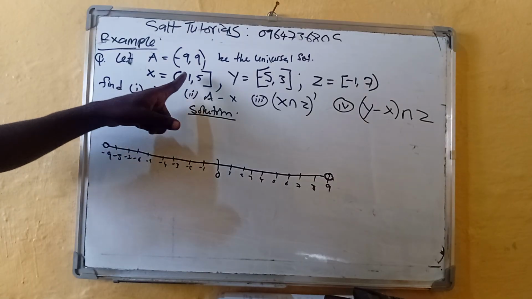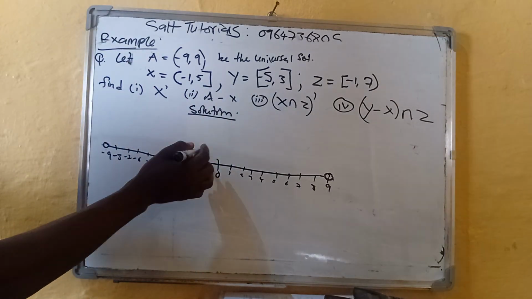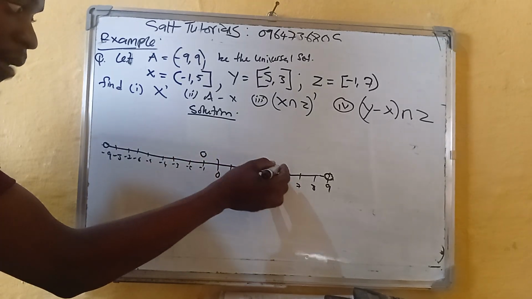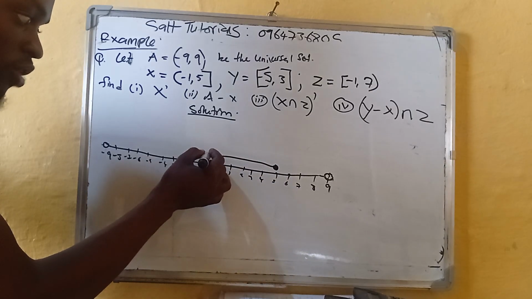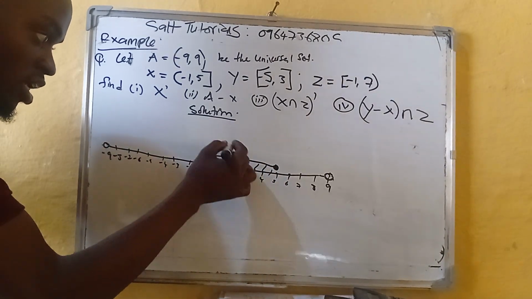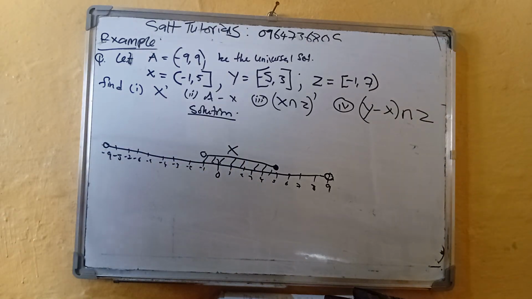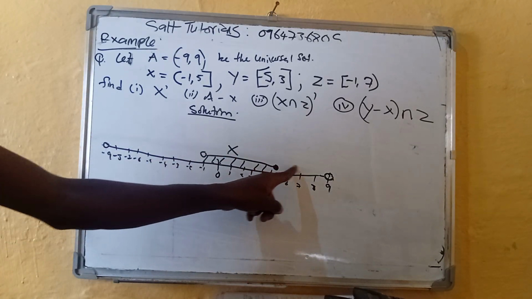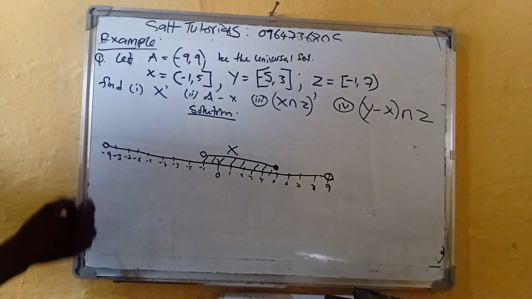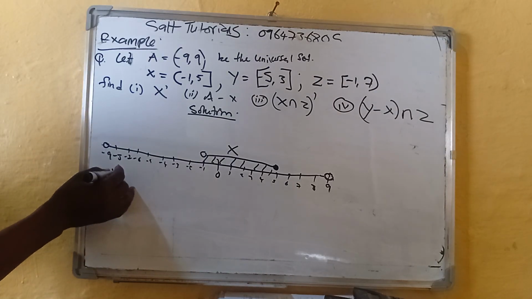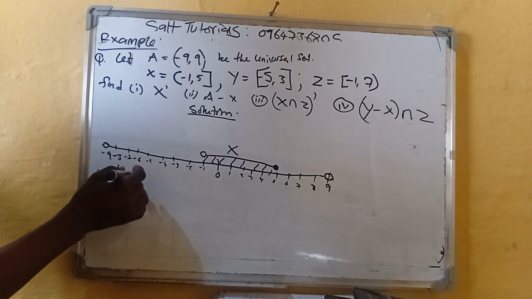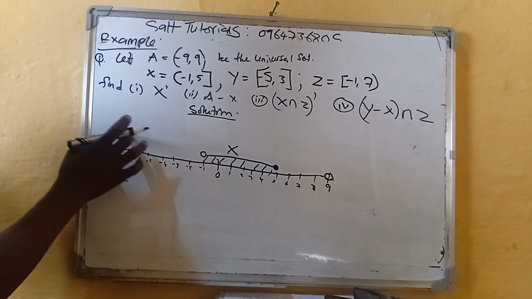I look at X, which is running from -1 to 5. -1 is here, you open your bubble, to +5 you shade your bubble. You join the two. This is the X. If I'm looking for X complement, I'm talking about outside X, not inside X. So X complement becomes something which is outside this side and outside.